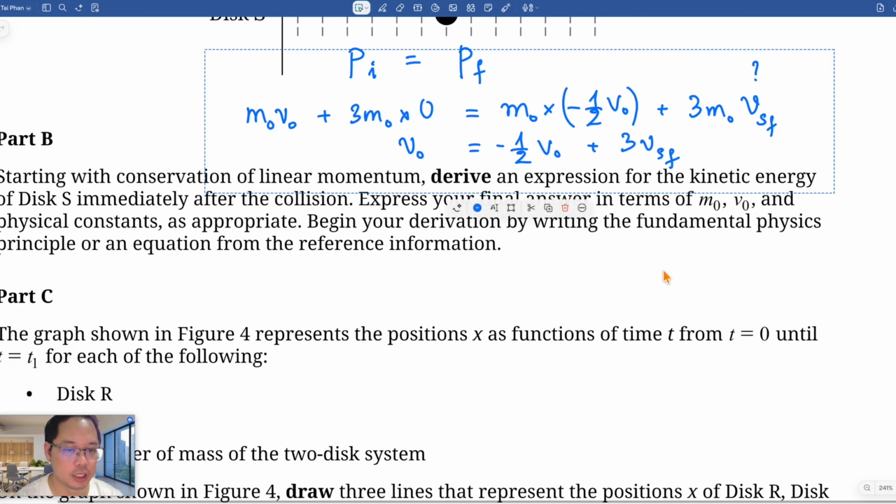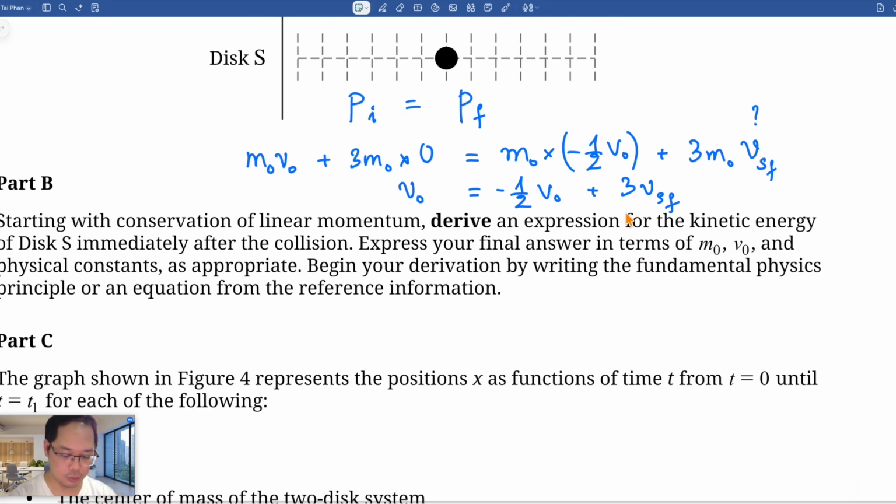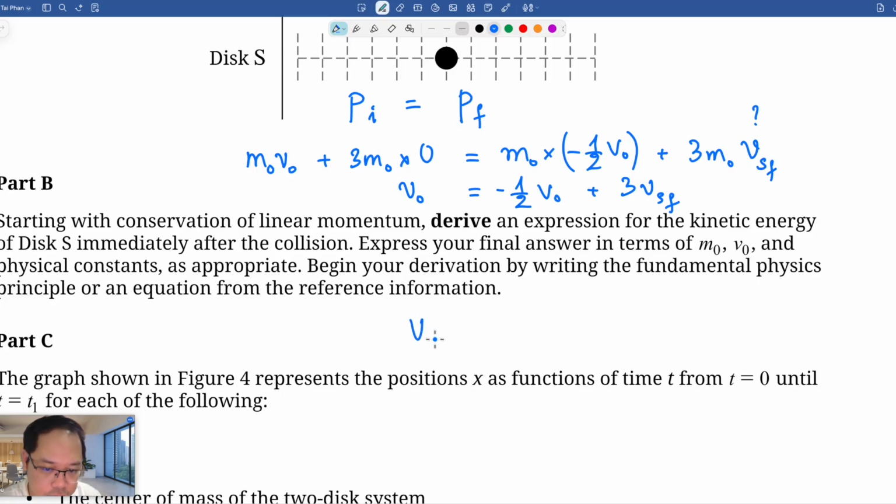Anyway, from this equation, we can derive the final velocity of S, which is v0 plus 1/2 v0, and then we divide by the total, number 3 here.